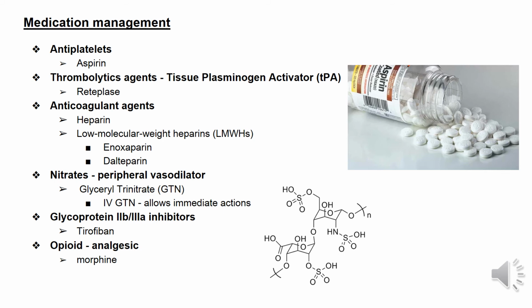Glyceryl trinitrate is used to treat unstable angina pain in the context of ACS and improves coronary blood flow. It decreases cardiac preload, the volume in the ventricles at the end of diastole, and venous return. It also decreases the afterload, the pressure that the ventricles need to open up the valves to pump blood to the rest of the body, and reduces pulmonary vascular resistance.